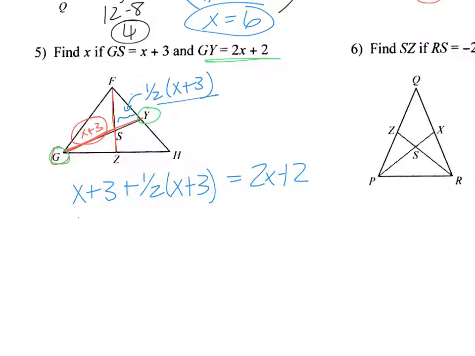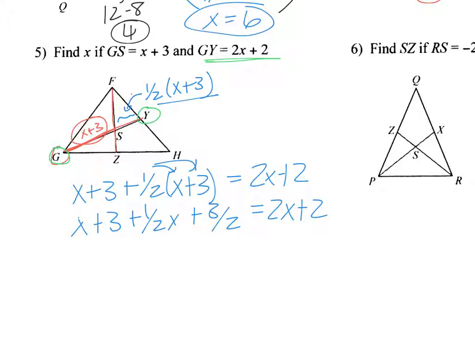All right, so do my distributive. This gets a little ugly here because I have fractions, but we can use the calculator. So add my like terms, so that's going to give me 1.5x or 3/2x, however you want to think of it. 3 plus 3/2 would be 4.5, which would be 9/2 equals 2x plus 2.